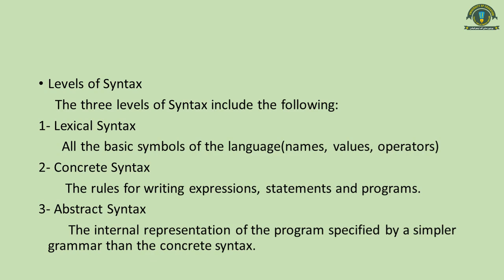Concrete syntax gives the rules for writing expressions, statements, and programs. And abstract syntax is the internal representation of the program, specified by a simpler grammar than the concrete syntax.